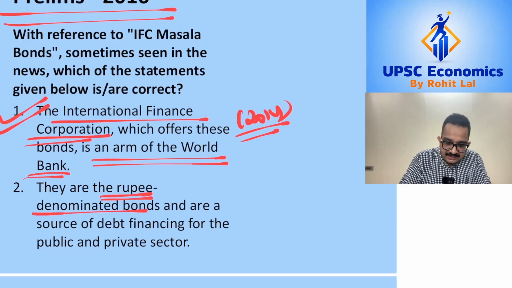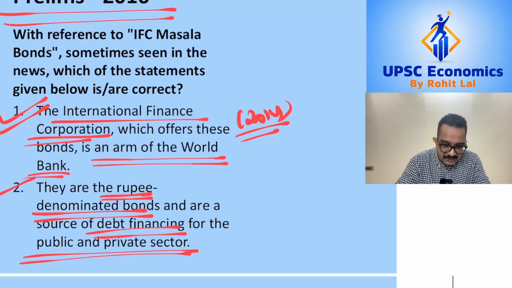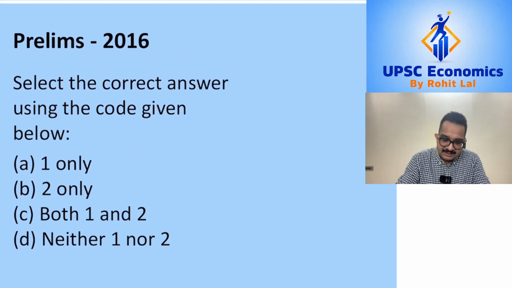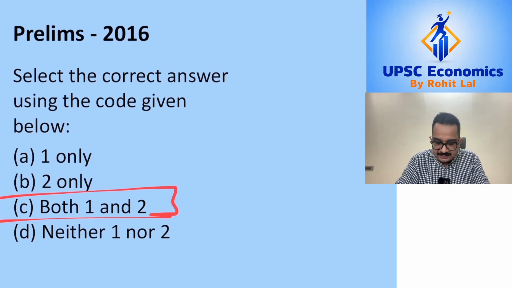That is in fact the key defining feature of these bonds, and they can be used for debt financing or meeting the capital requirement both by the public and the private sector. So we've clearly discussed both these statements in the video so far, and both these statements are correct. So the correct answer is C, that is both 1 and 2 are correct.